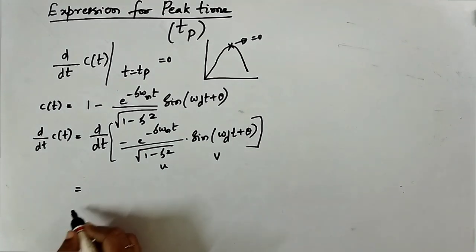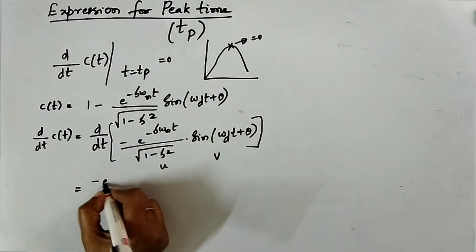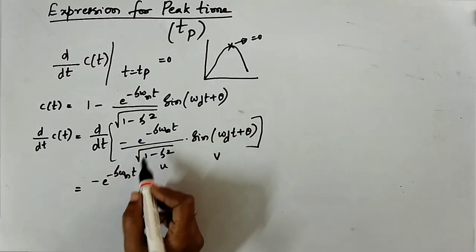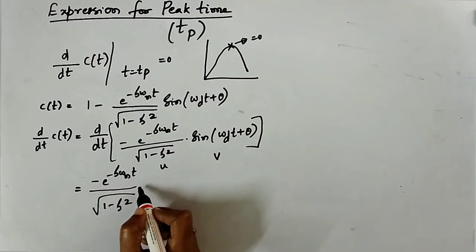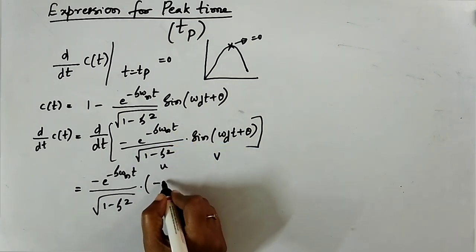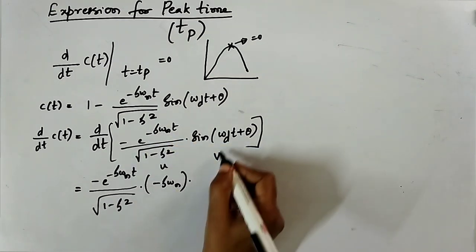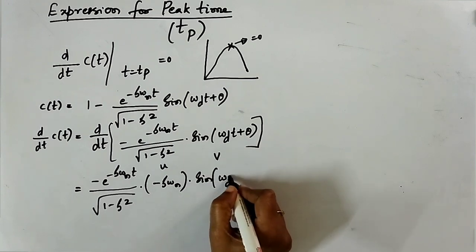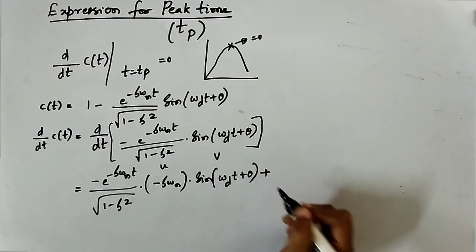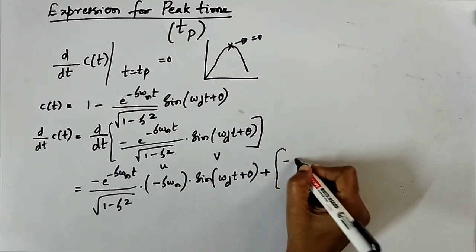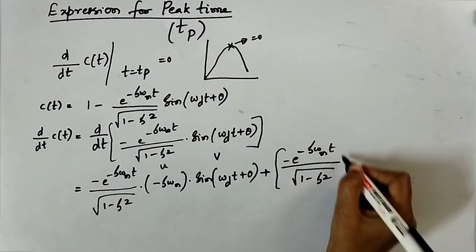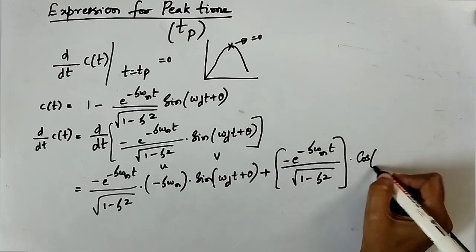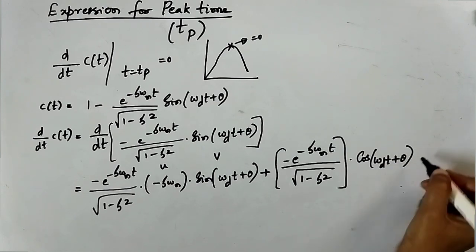Applying that formula we get minus, differentiation of e power minus zeta omega n t, which is e power x anyhow, so minus e power minus zeta omega n t by root over 1 minus zeta square, a constant, into minus zeta omega n into sine of omega d t plus theta, plus, for the next term, minus e power minus zeta omega n t by root over 1 minus zeta square into cos of omega d t plus theta, and for this term it would be omega d.